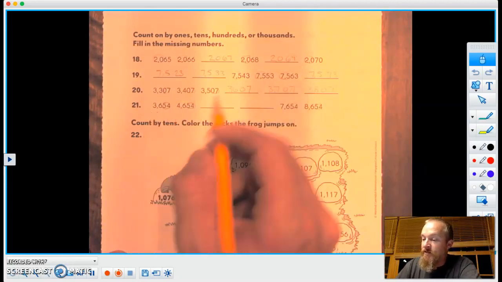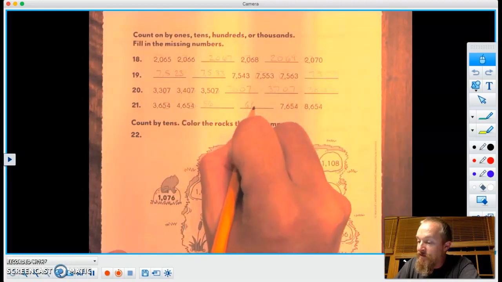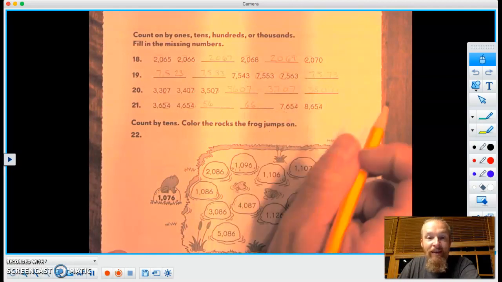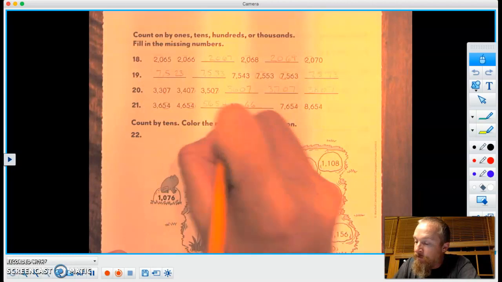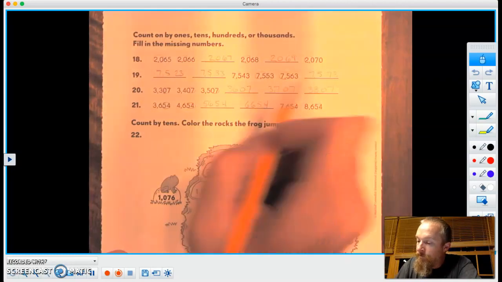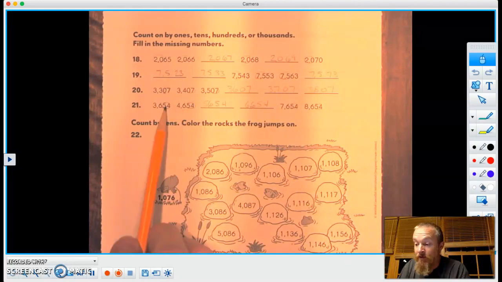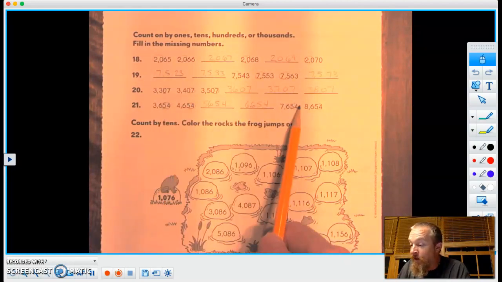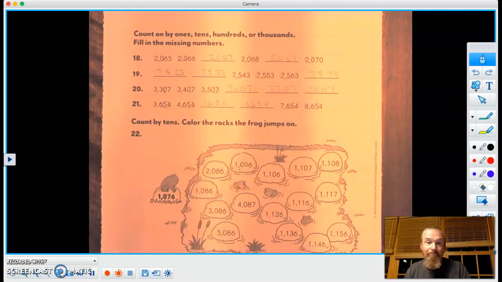So 36, 46, 56, 66, 76, 86. And then we're going to add 54. And really, we had 654 on all of those, didn't we? You could have gone that way and just counted by ones. 3, 4, 5, 6, 7, 8. Either one's great.